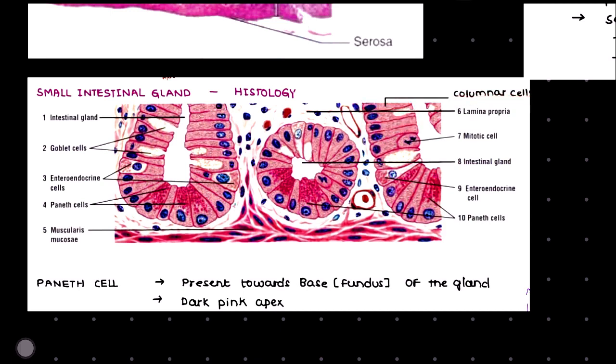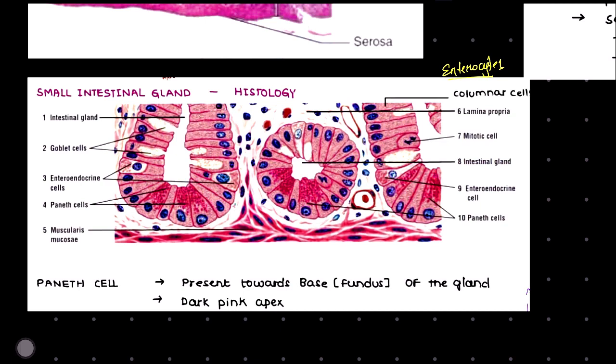These columnar cells are enterocytes. And these intestinal glands are the structures that will be formed within our crypts of Lieberkühn.